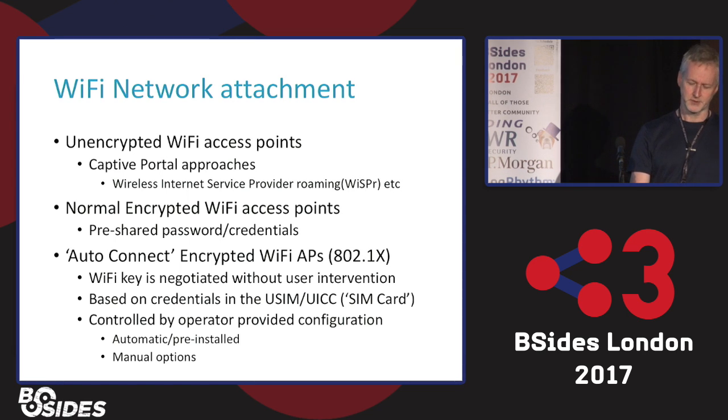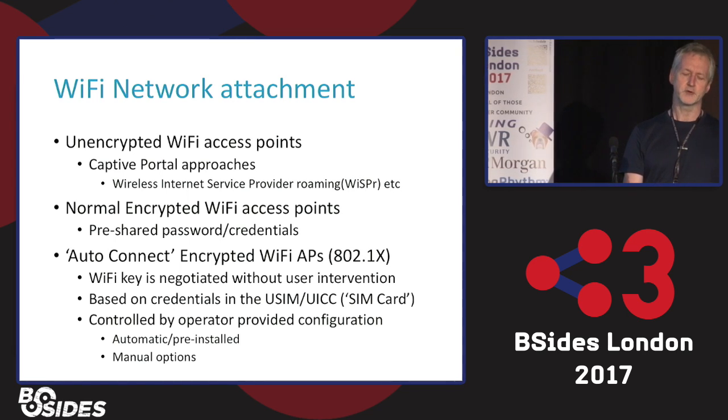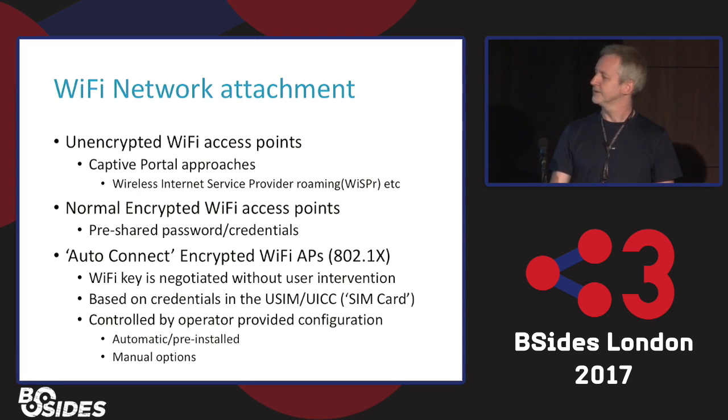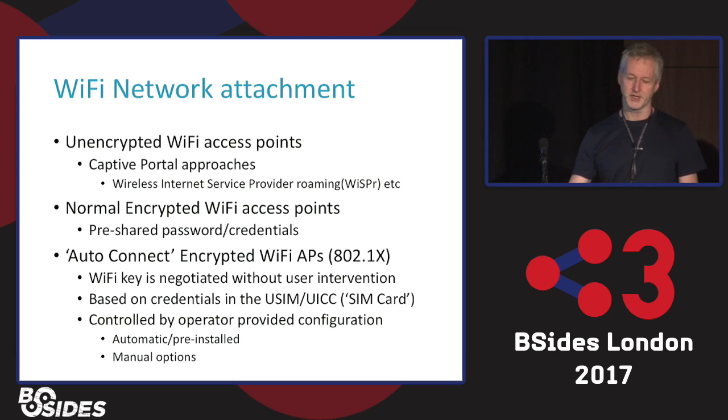And then you've got the auto-connect encrypted Wi-Fi APs, which is specified in the IEEE 802.1X standard. And then the Wi-Fi key is negotiated without user intervention typically, and it's based on credentials in the device. In this case, credentials that come from the SIM card.